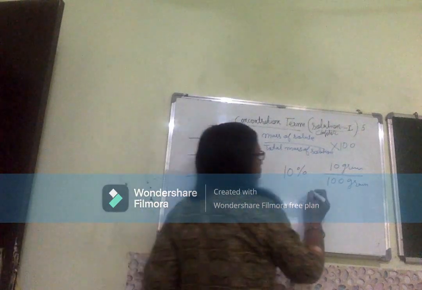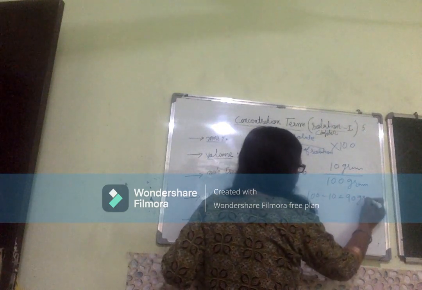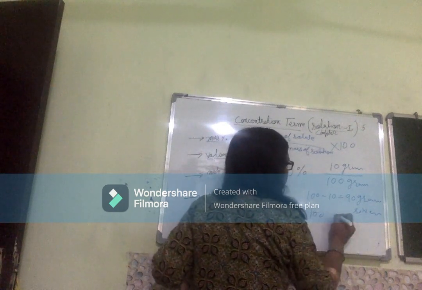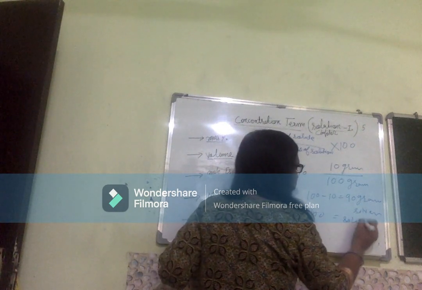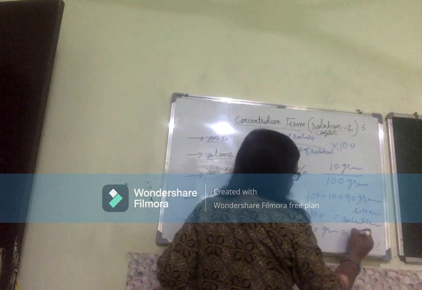And solvent is 90 gram, because 100 minus 10 is 90 gram solvent. 90 gram solvent, 100 gram solution, and 10 gram is the solute.